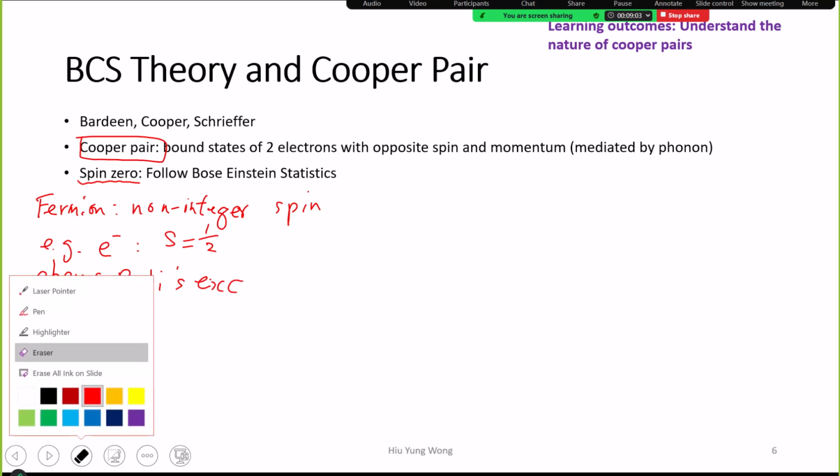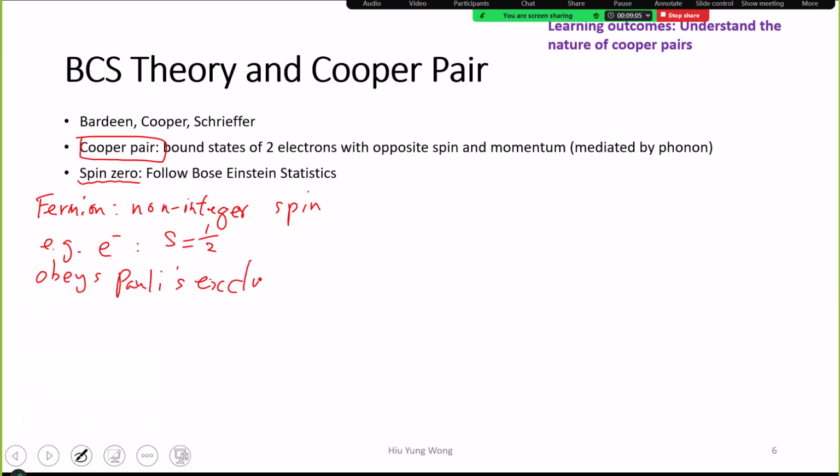So for example, you cannot have 2 electrons occupy the lowest energy level. But then you may ask, isn't it that we can have 2 electrons in hydrogen at the lowest energy level? Are they occupying the same state?